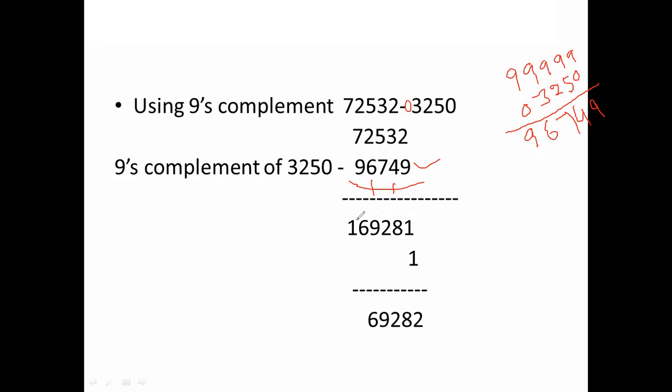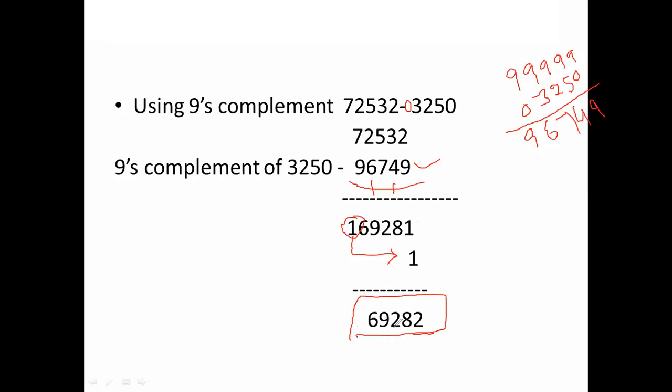So 6. Here 1 is the carry. This one will be added here, at the LSB, least significant bit. Then 1 plus 1 is 2, remaining as it is: 8, 2, 6, 9, 6. So this is the required result.